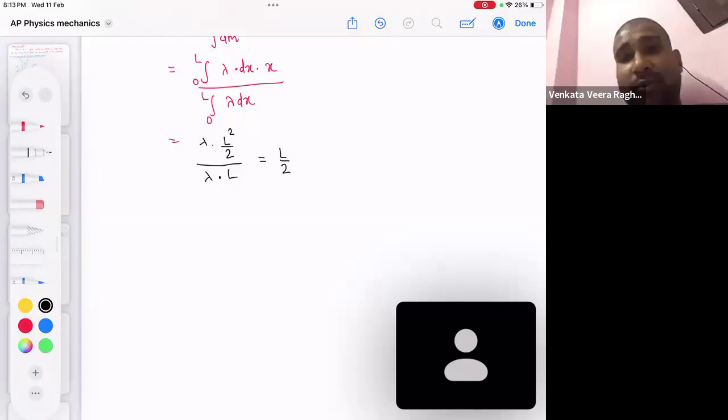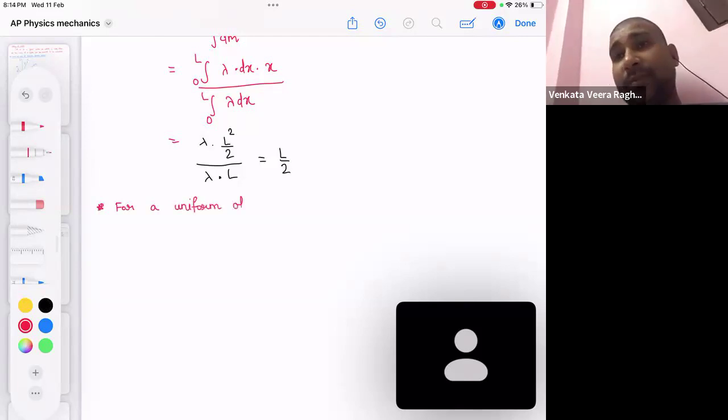Okay. So please keep in mind there is a point for a uniform object. Uniform object means what? An object whose mass is uniformly distributed.